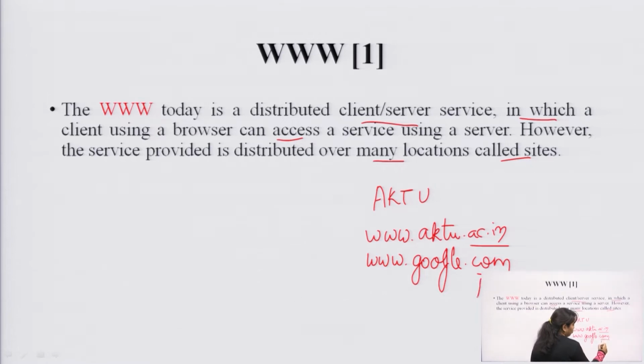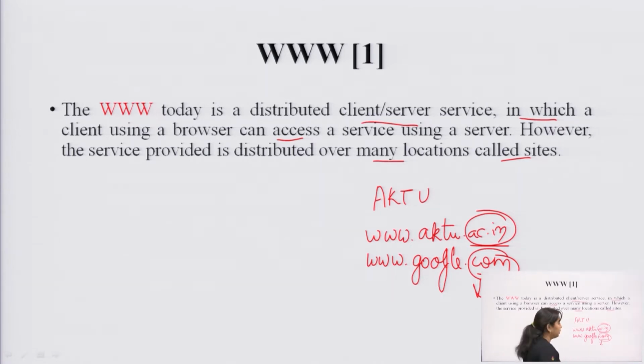This one is used for commercial purposes, which means google.com is commercial. It is not related to the education system or any other particular organization; it can be used to access and gather information. So it comes with the extension .com. Then .ac.in is another extension, related to a particular university.